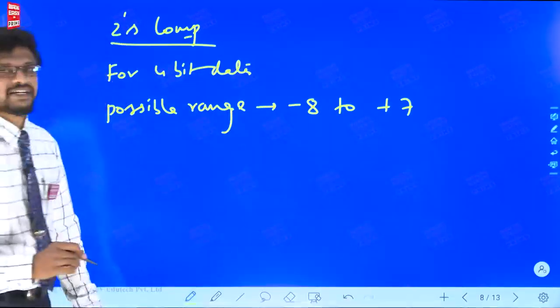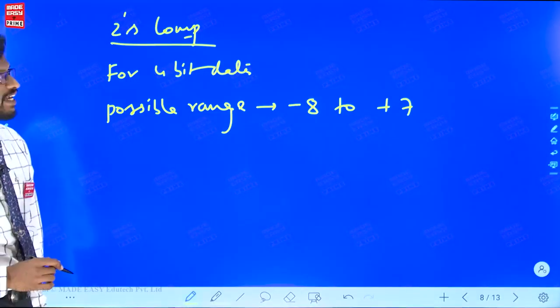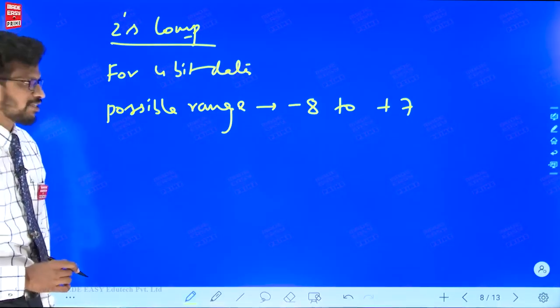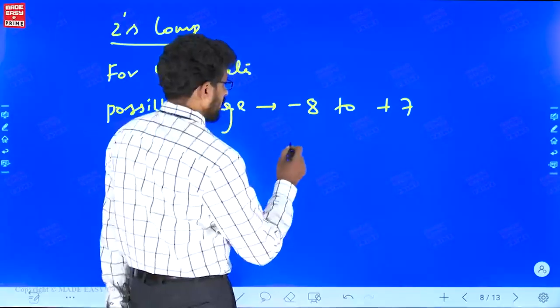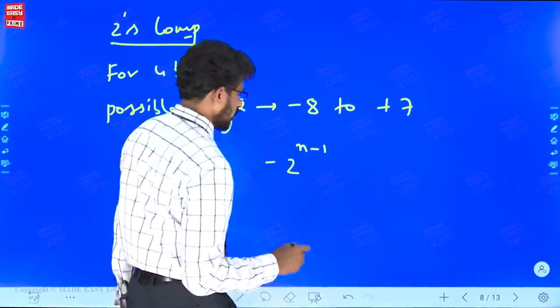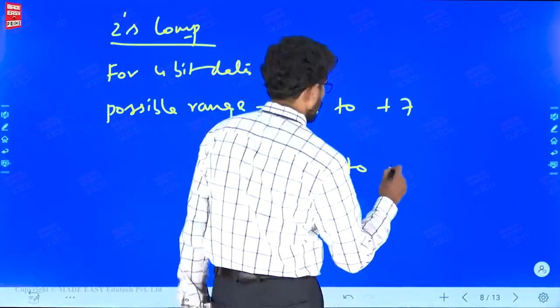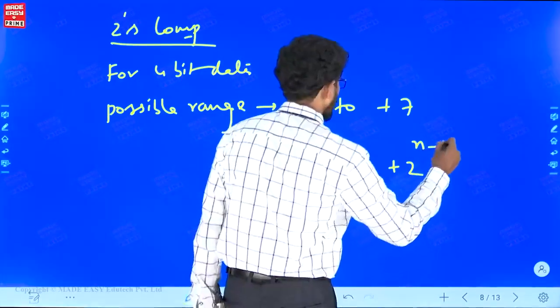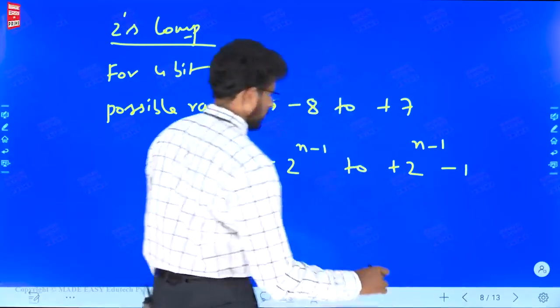If I write the generalized form for signed representation of data, we can represent minus 2 power n minus 1 to plus 2 power n minus 1, minus 1.